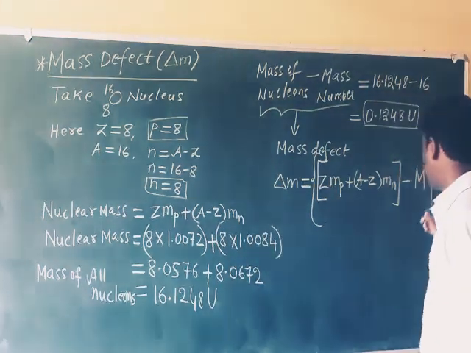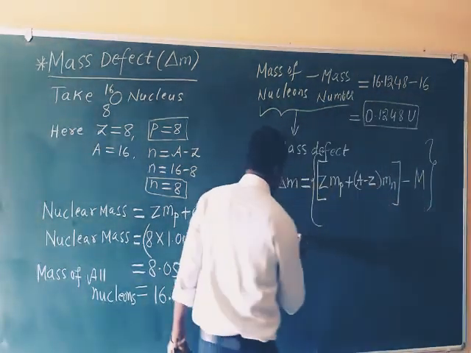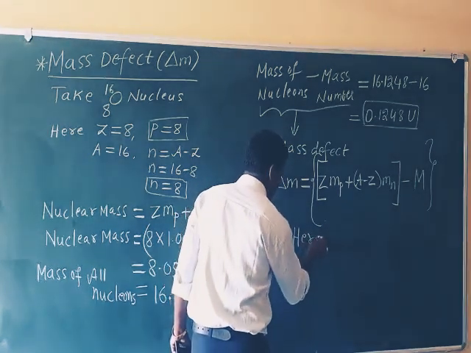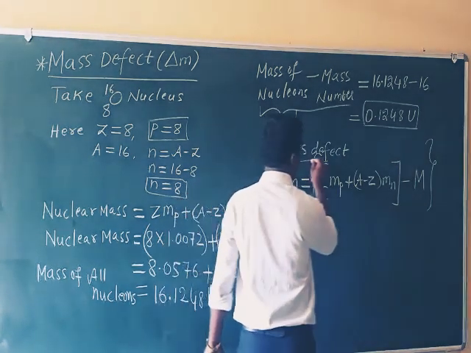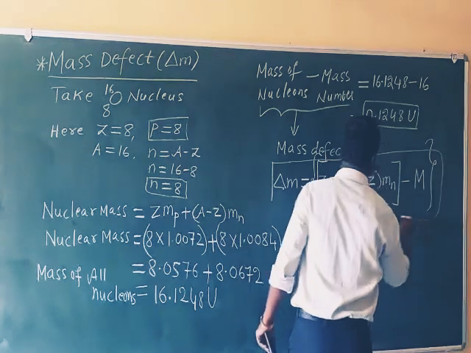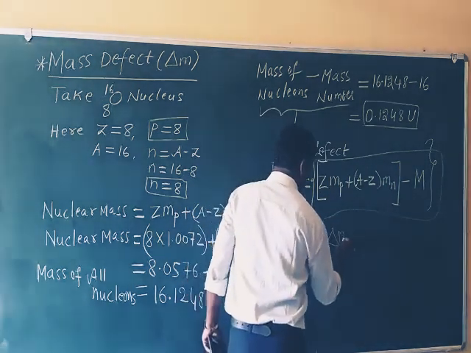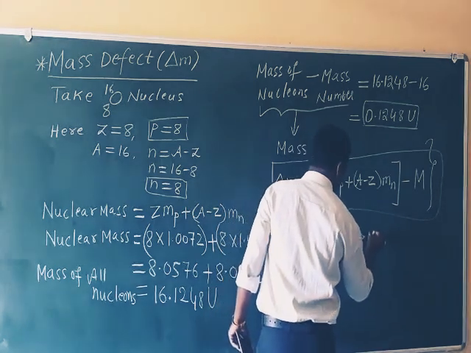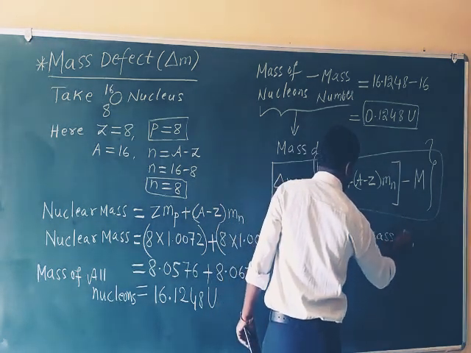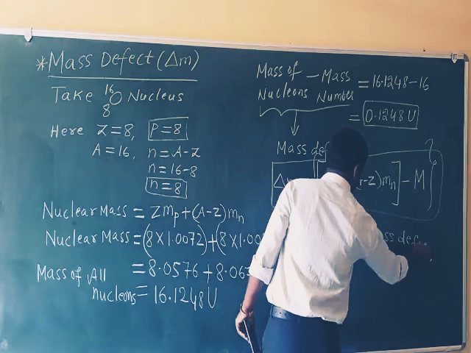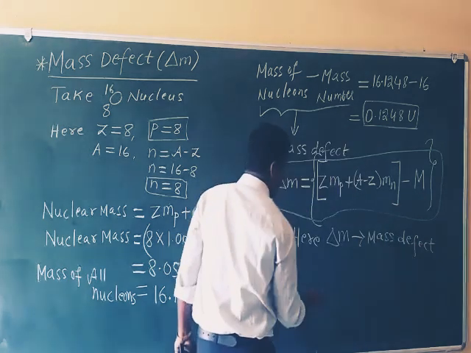So that is the actual mass. Here, delta m is mass defect, right?